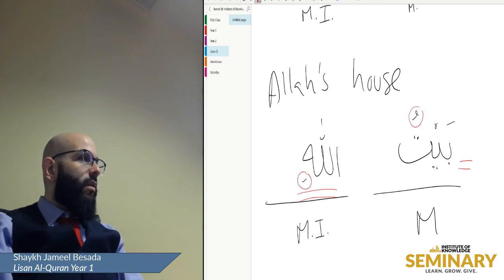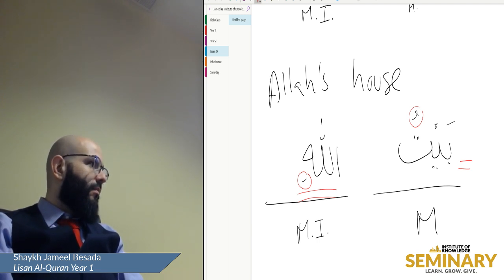Exactly. So Baytullah. But if you were to keep going, Baytullahi. Right? When you say someone's name, Muhammad, you stop on the sound. If we were to keep going, Muhammadun Rasulullah, we would say the vowel on the end. Does that make sense?